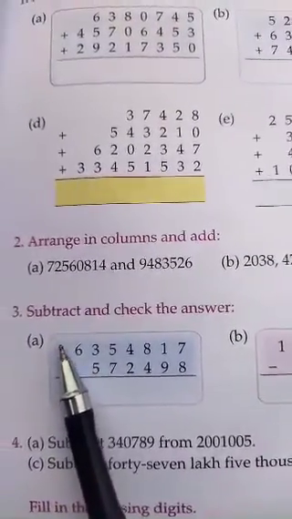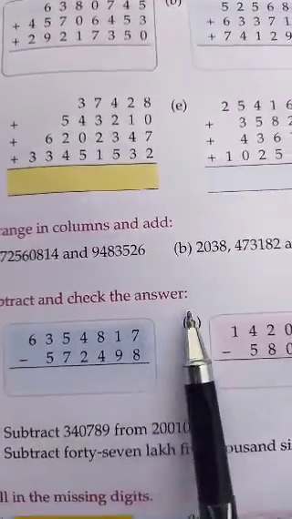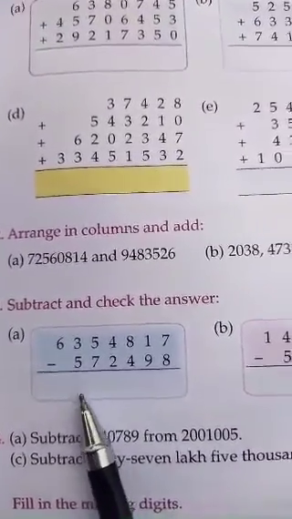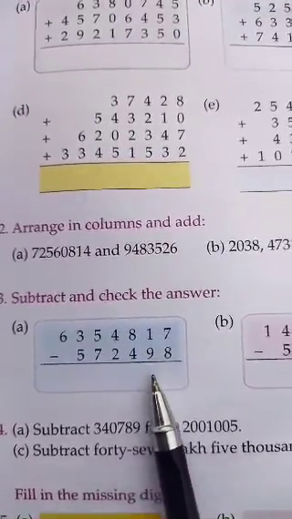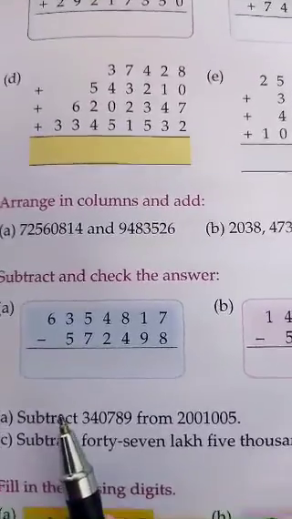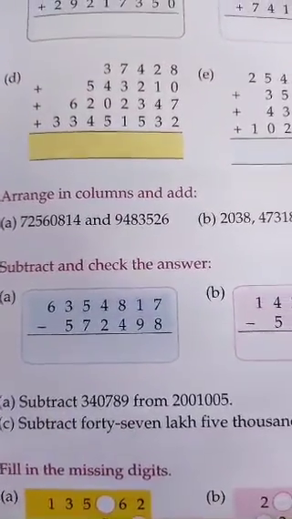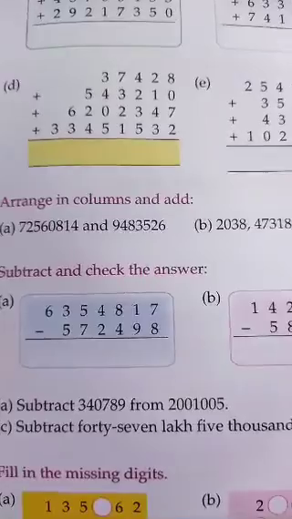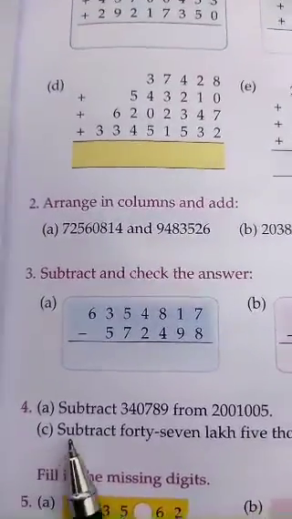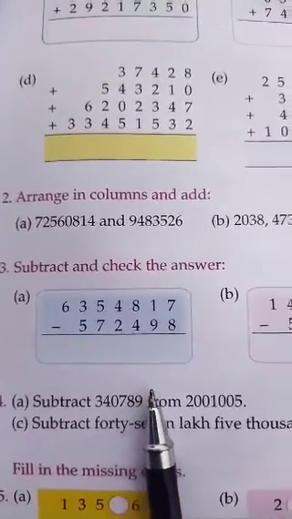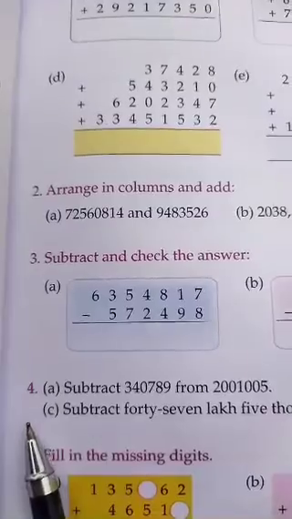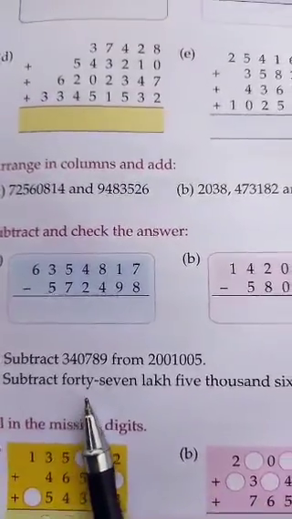Now coming on to the third question, it is subtract and check the answer. So first of all you have to do only simple subtraction here. Hopefully everyone is aware of how to add or subtract two numbers. So this third question you can also do on your own. Then coming to question number 4, these are also simple subtraction.